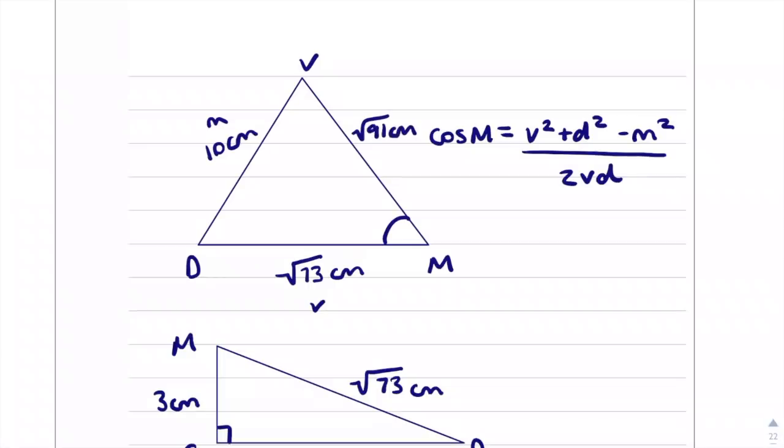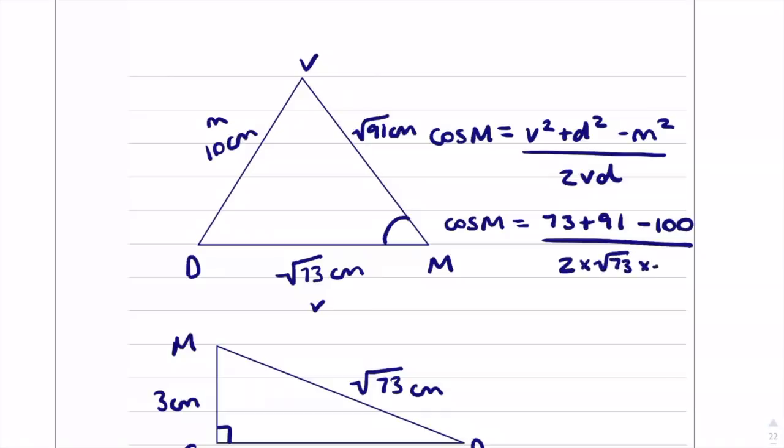And now we've got all of our side lengths for this triangle, so we can work out angle M. It's going to be cos M is equal to 73 plus 91 minus 100 all over 2 times root 73 times root 91. If you type that in on your calculator, I get an answer of 0.3926 to 4 decimal places.